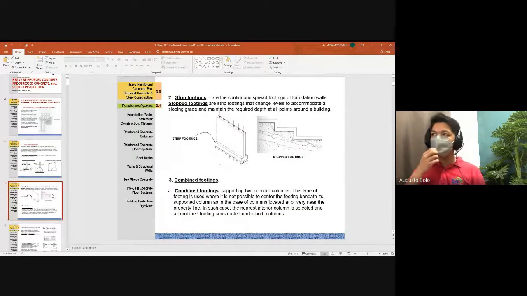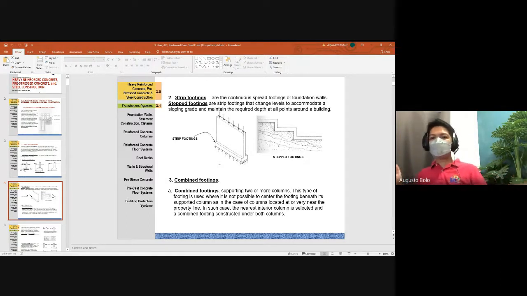Strip footing, continuous spread footings of foundation walls. It's like an entire part, yung buong, halimbawa, igwa ka ning retaining wall. If you have your retaining wall na sabihin natin 5 meters in length, the entire footing underneath rather is a strip.